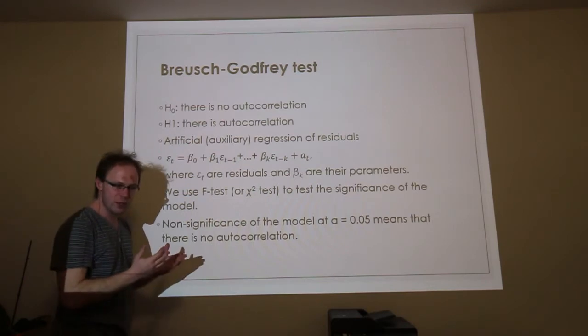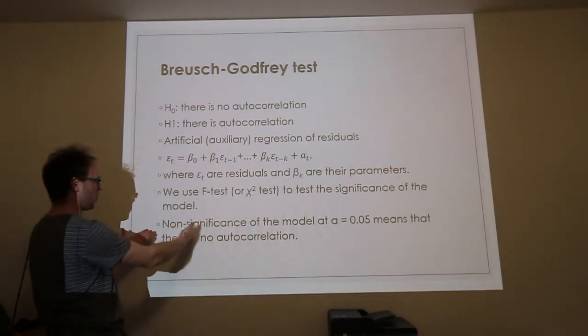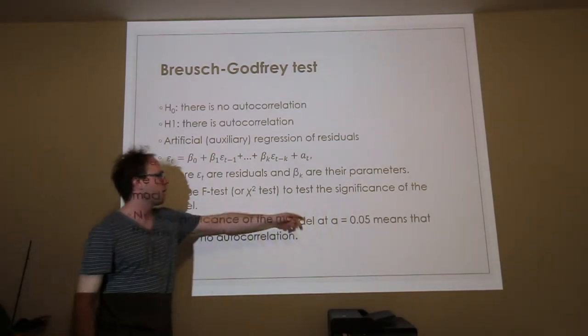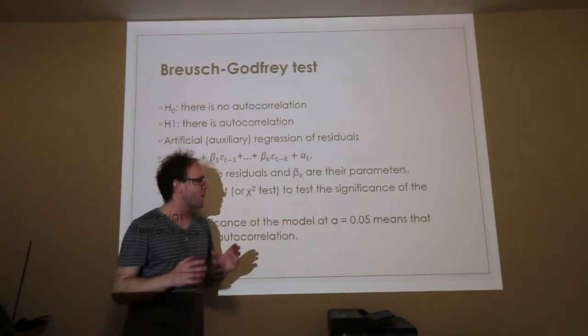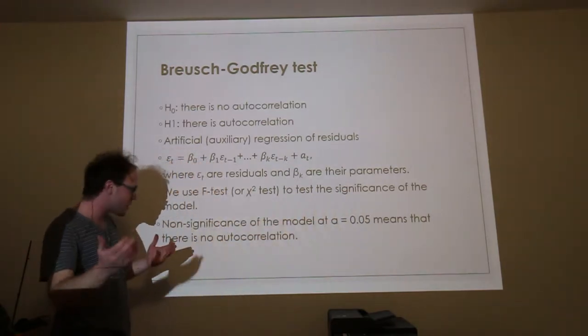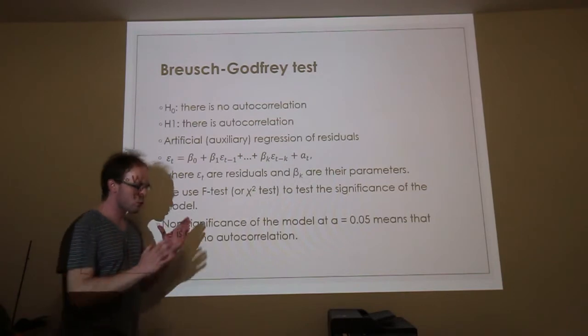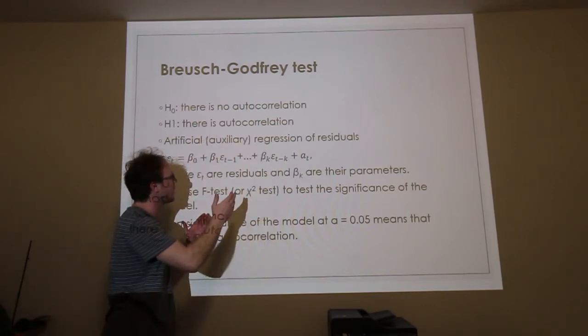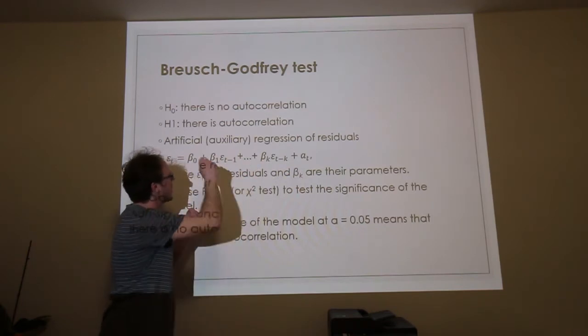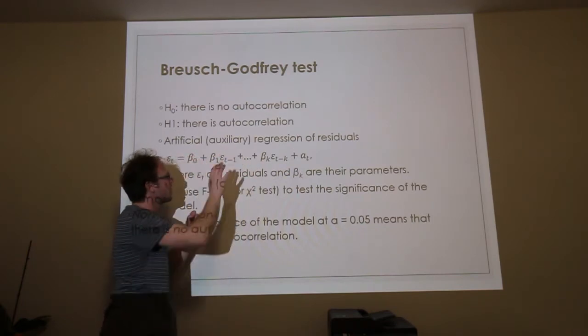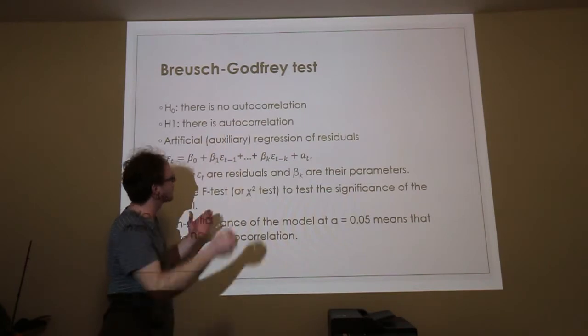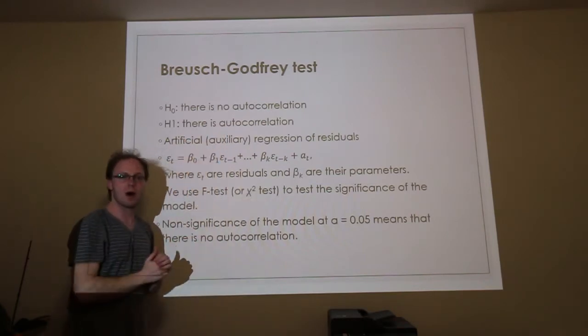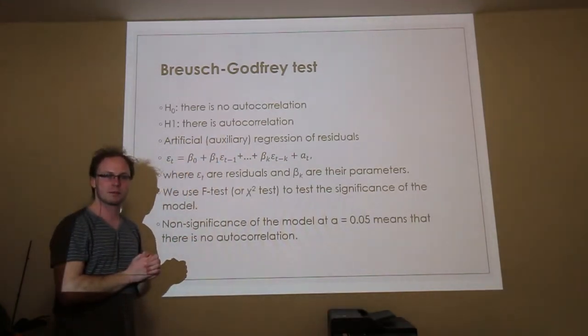Non-significance of the model at the 5% significance level means that there is no autocorrelation. So we require the wrong model. And if this model is wrong, there is no autocorrelation.